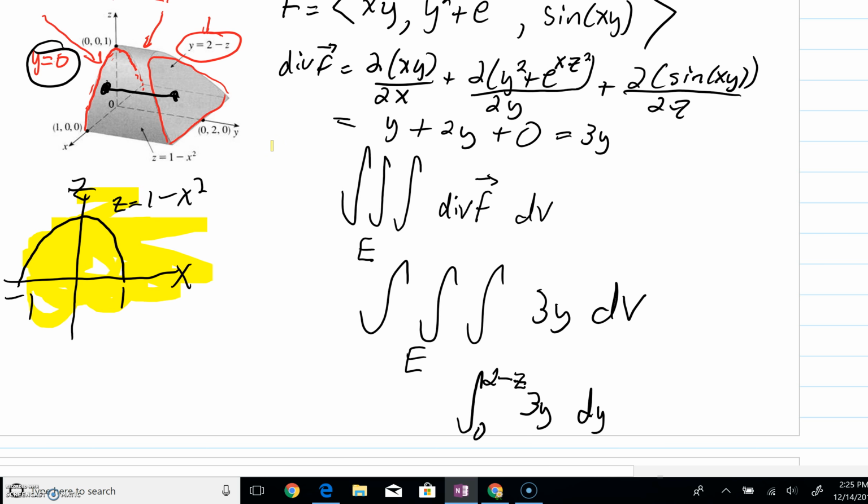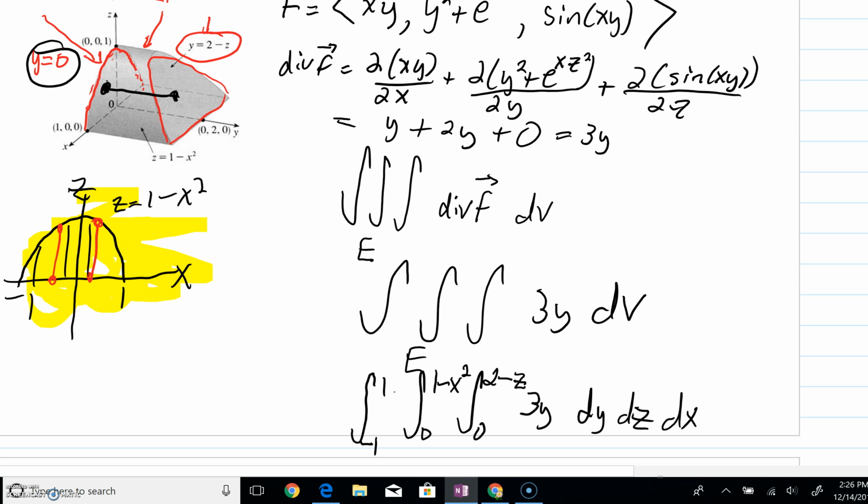Here I hope you can see pretty clearly that z has some definite boundaries. z is always going to be going between 0 down below and up above we'd have 1 minus x squared. So that would be a dz. And we'd have all such vertical bars like this for our dx. That would be x values between -1 and +1.